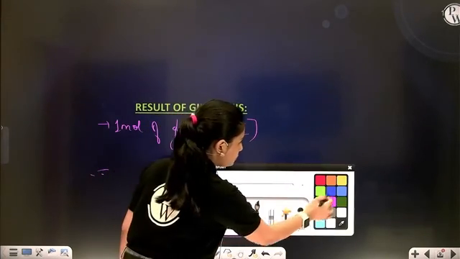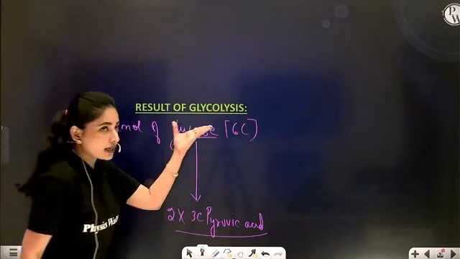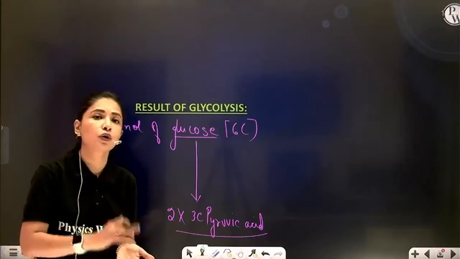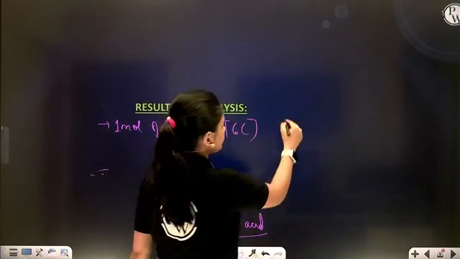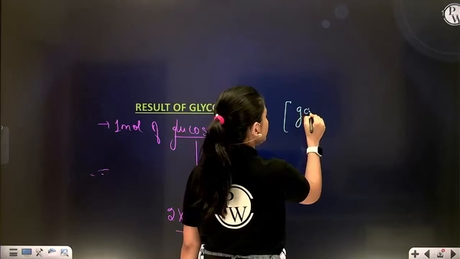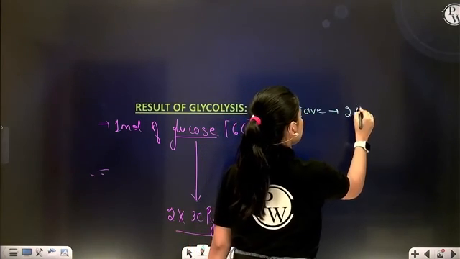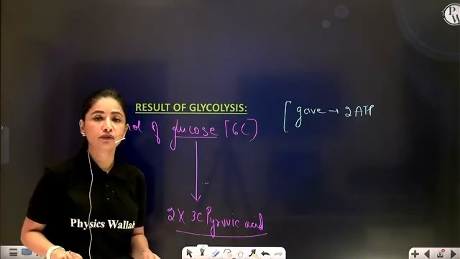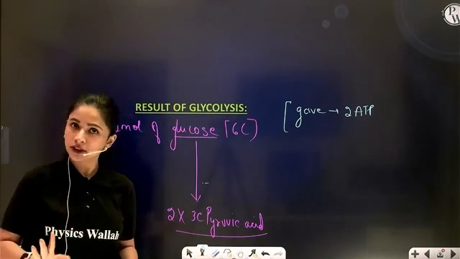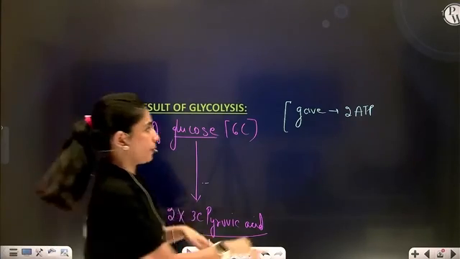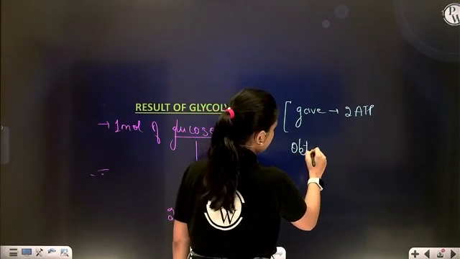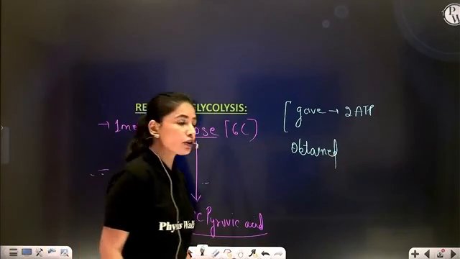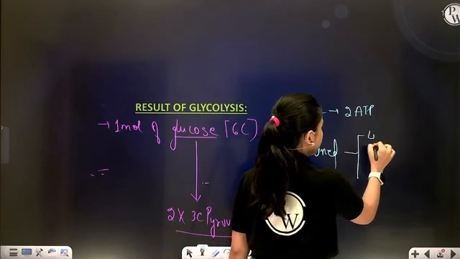Meanwhile, in converting 6 carbon into 3 carbon compound, what we gave was only 2 ATPs. 1 ATP you gave at the first step, and the second ATP at the third step. Right? Apart from this, you gained 2 molecules of pyruvic acid and 4 ATP.